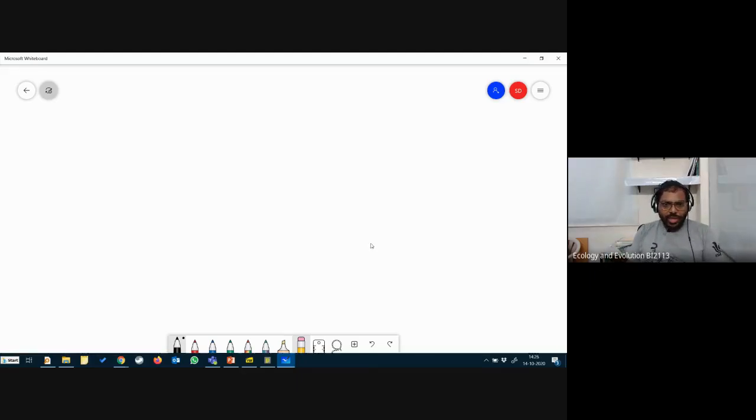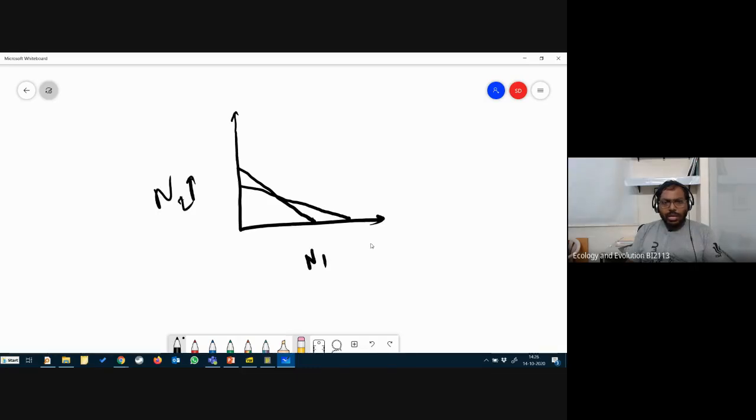Okay. So, yeah. So, suppose this is how the intersection is, and say this is K1 and this is K2 by alpha 21.